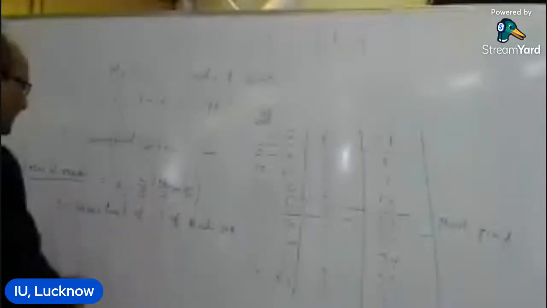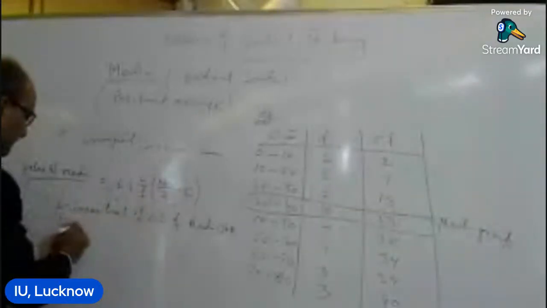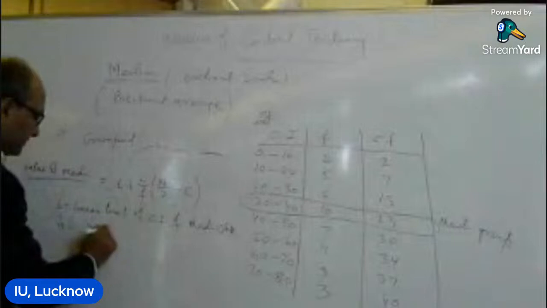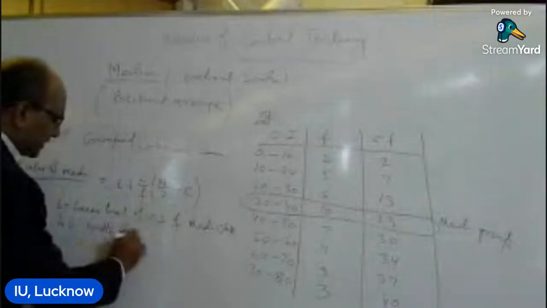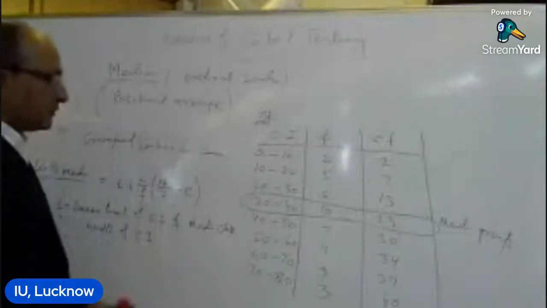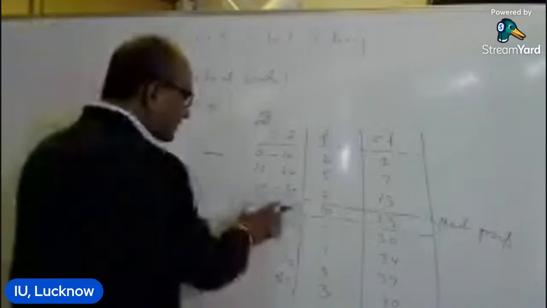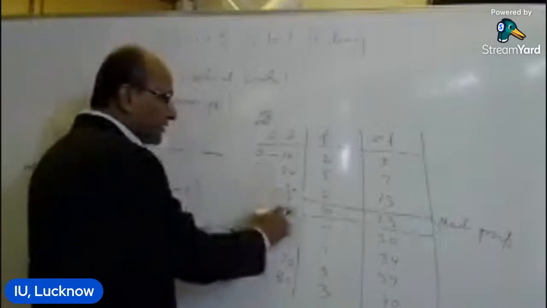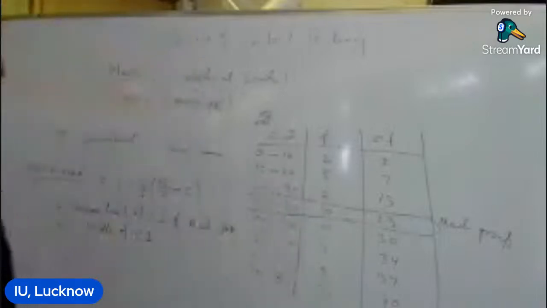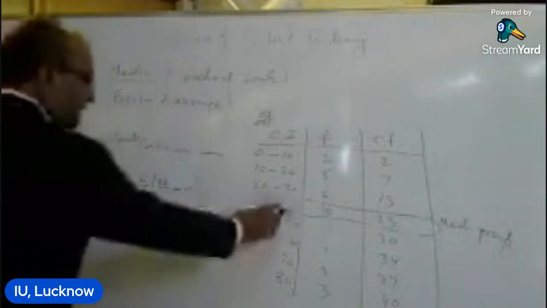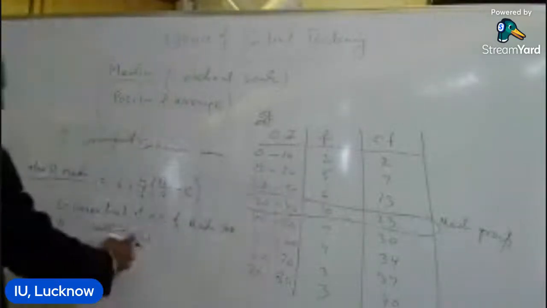Where H is the width of the class interval of the median class. The width of the class interval, 30 to 40, is the difference of the class interval, that is 10. So the value of H is equal to 10.